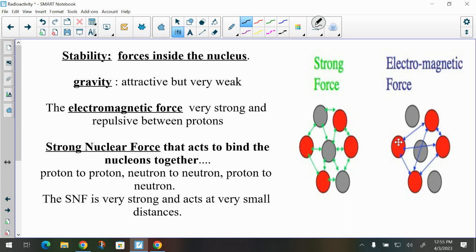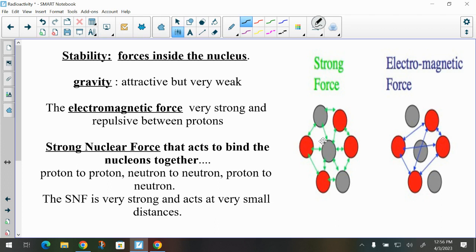So if I have a proton, and the neutrons are shown in gray here, they have no electrostatic force because they're neutral. But these protons, shown in red, repel each other. And the nucleus of an atom should fall apart. And physicists realized early on that, hey, if we only have repulsive forces between the protons, the atom should fall apart. So they said, hey, we must need some other force, and they picked a clever name. We need some sort of strong force inside the nucleus to hold them together.